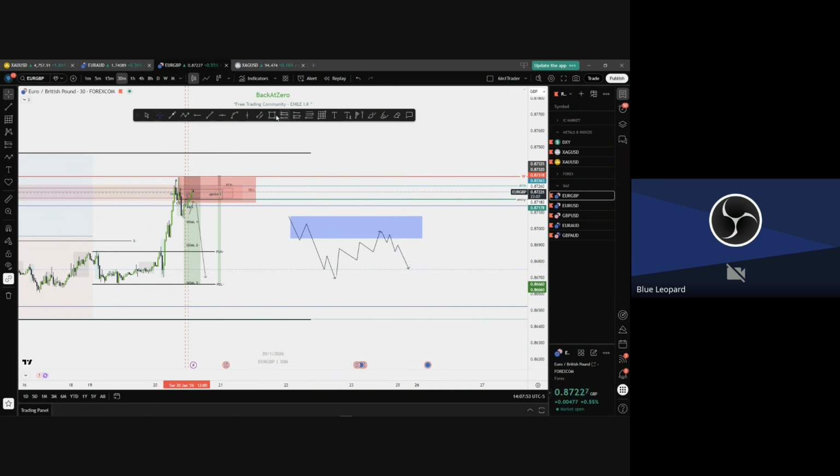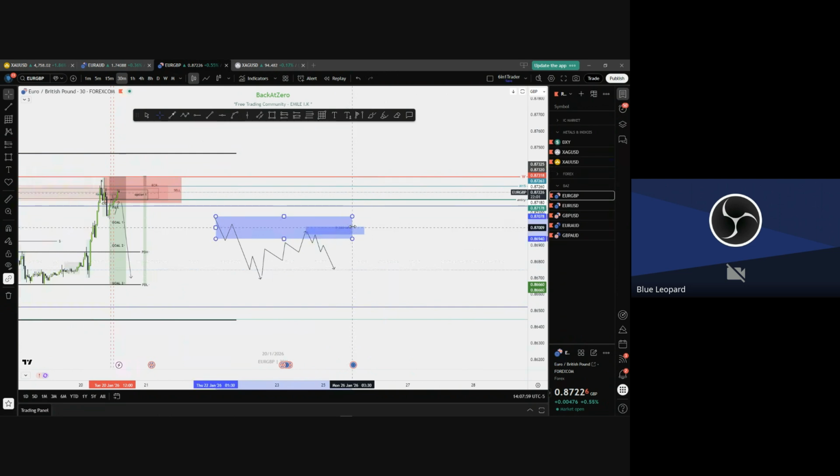Once you find an M30 inside of that H4, you have something. You have a setup confirming that price is going lower on H4 and going lower on M30. Now, what you expect to see next is price returning inside of that guy.